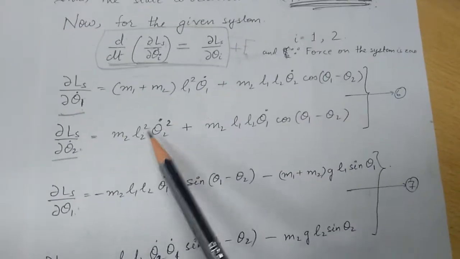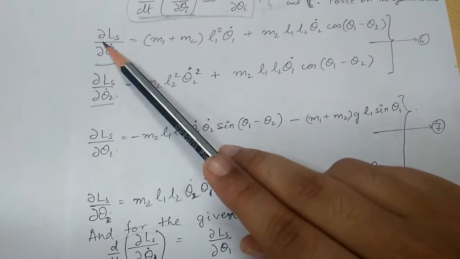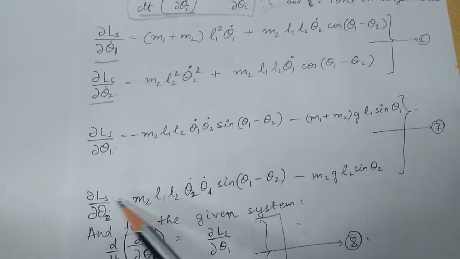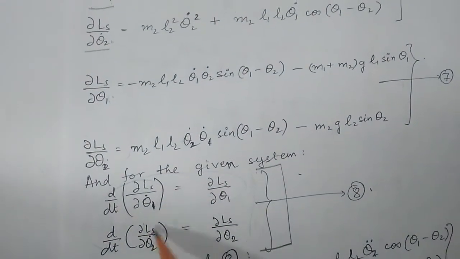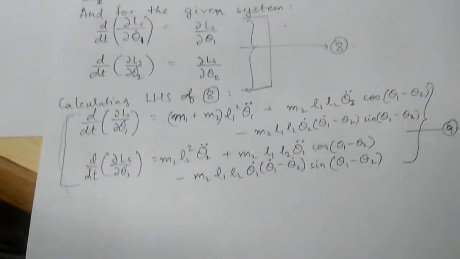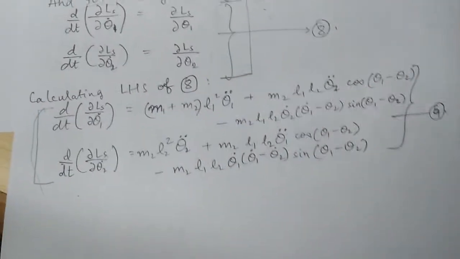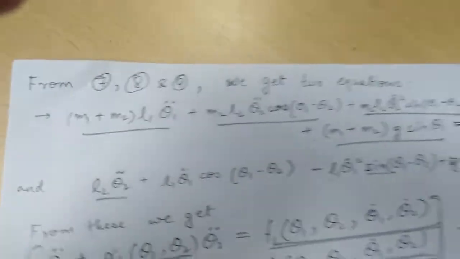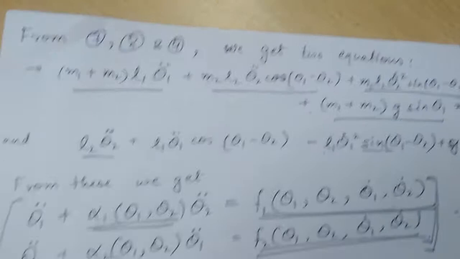Now all we need to find is the partial derivative of this Lagrangian with respect to each of the coordinates, and use these two equations, calculating the LHS of these two equations to find that these two conditions are applicable.